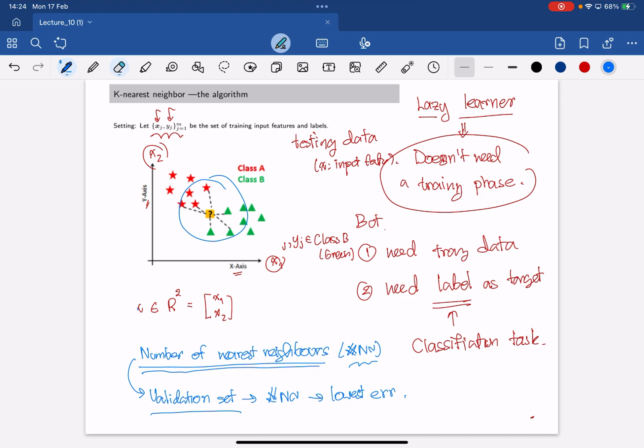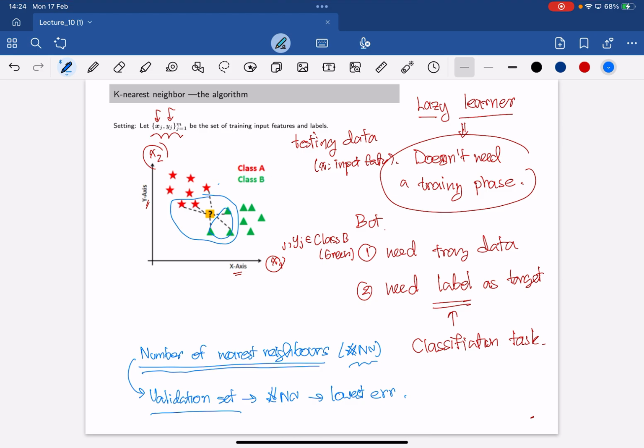What else? Okay, let's go back a little bit. Let's say we set the number of nearest neighbors to maybe 5, and that ends up with this selection. Then when we judge that it belongs to this green group, you can do the majority vote.